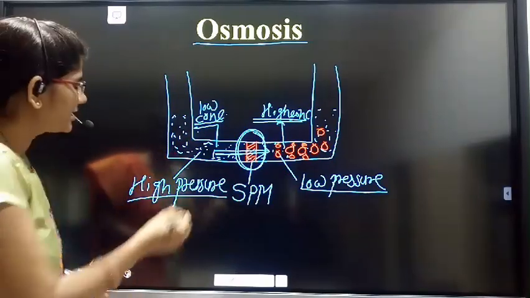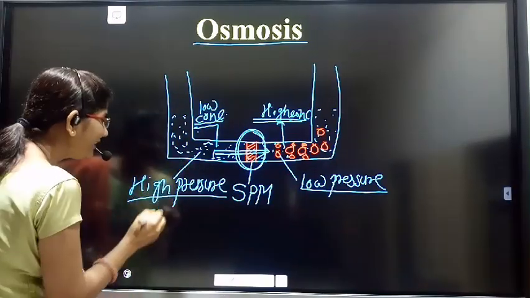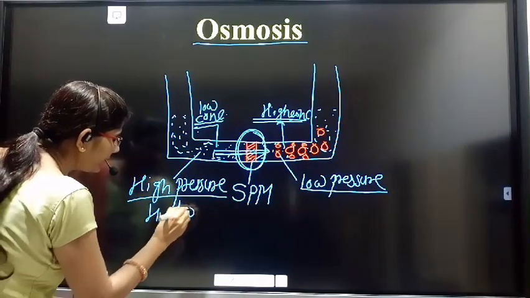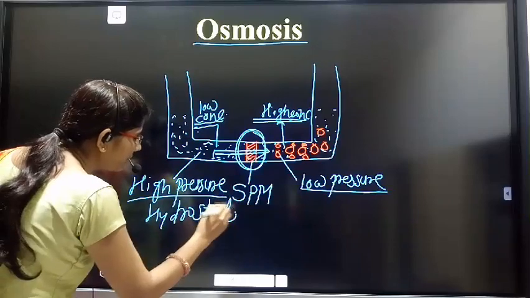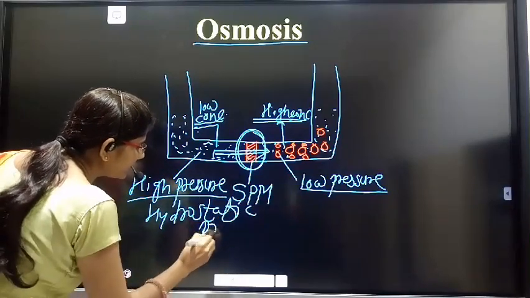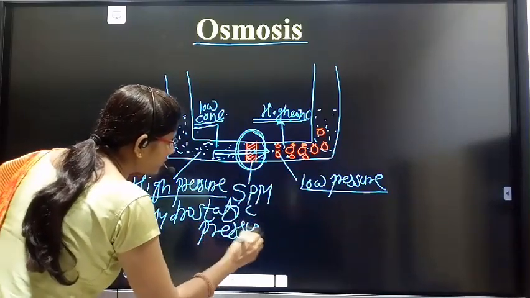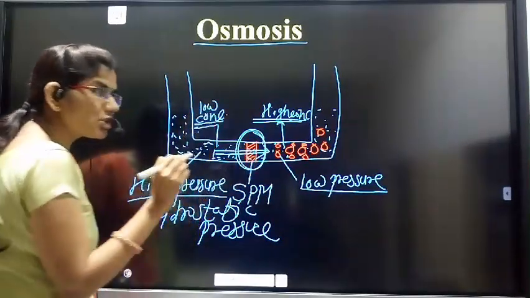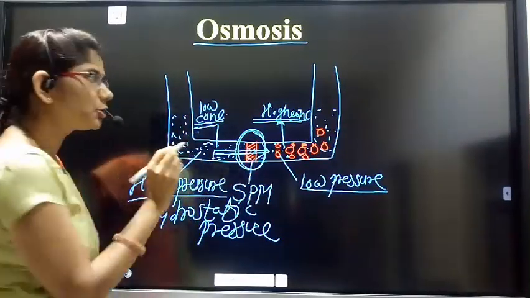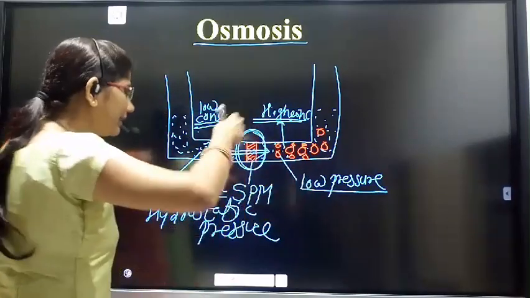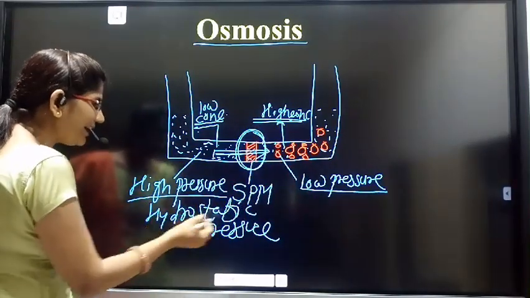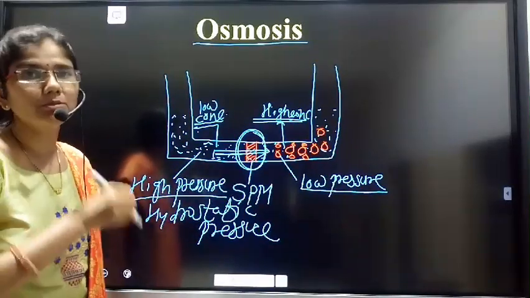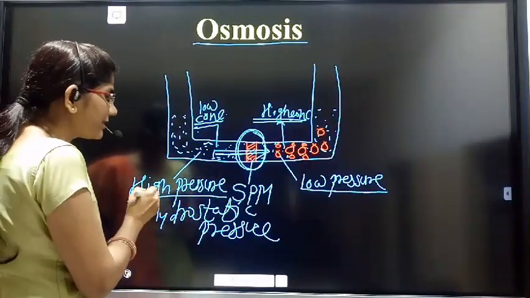During osmosis, hydrostatic pressure is created, and due to this hydrostatic pressure, since this is the membrane which allows only solvent molecules to pass through, the pressure created by the water molecules is called hydrostatic pressure.